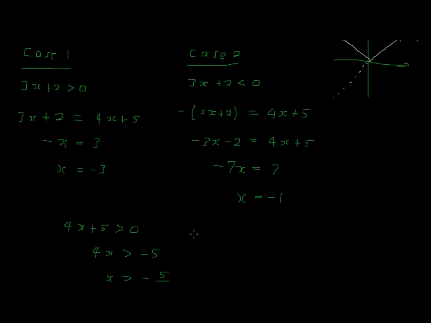So in this case, we will not get two correct values like we did in the last example. We'll only get one. Because x has to be greater than -5/4, x equals -1 is greater than -5/4, therefore x equals -1 is the solution.